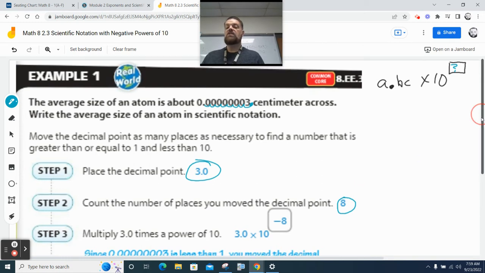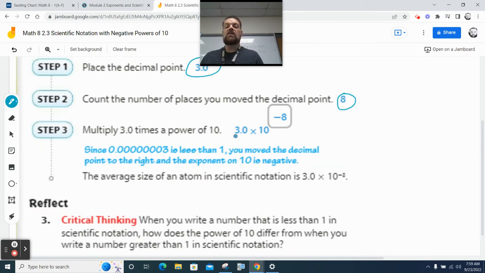So because I moved my decimal 8 spaces, it becomes 3 times 10. But because the number is a decimal, a really small number, like in terms of measuring things, right? It's 3 times 10 to the negative 8. That's the only difference, okay?